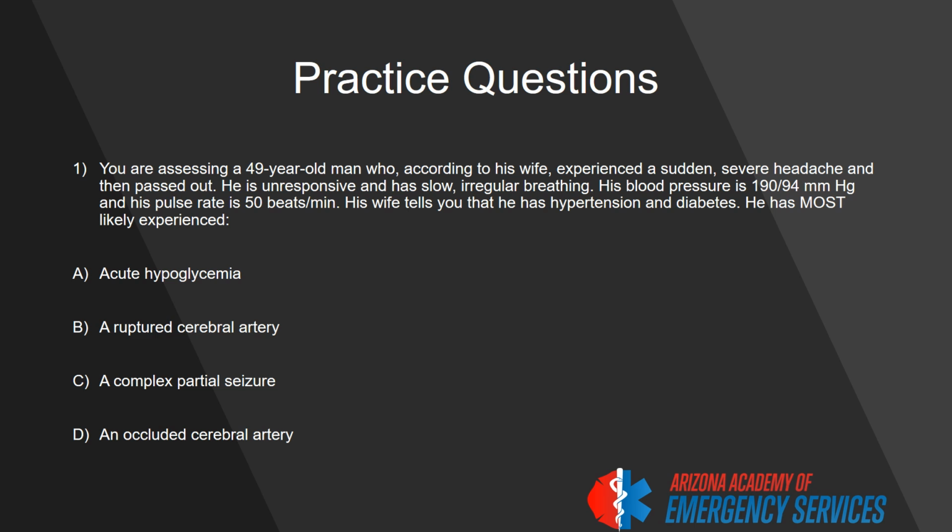He has most likely experienced A, acute hypoglycemia, B, a ruptured cerebral artery, C, a complex partial seizure, or D, an occluded cerebral artery. Like I said, I'll give you a couple seconds to pause the video so you can practice highlighting the different types of information before we move on.